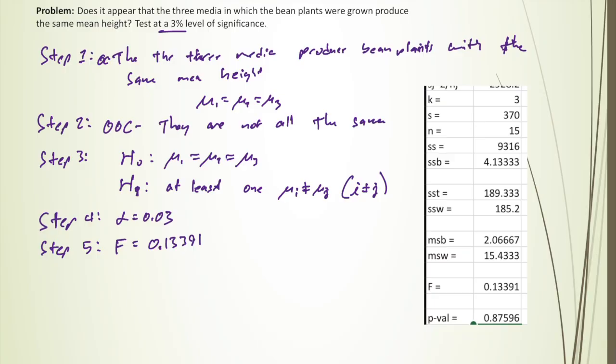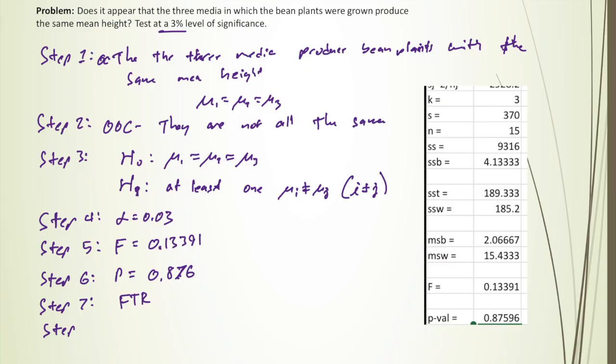And so, no, the other way around. It's smaller. So the mean squares within is much bigger than the mean squares between. Okay, and so the p-value here is going to be 0.8776. And so my step 7, fail to reject.